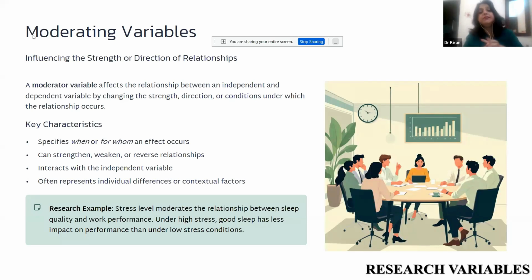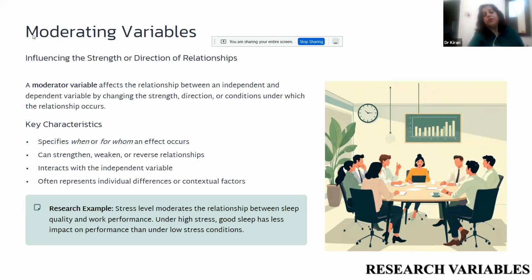Moderating variables are variables which influence the strength or direction of the relationship between IV and DV. When I say strength of the relation between IV and DV, there will be some variables which play the role of, we can say, a catalyst. For example, stress level can moderate the relationship between sleep quality and work performance.